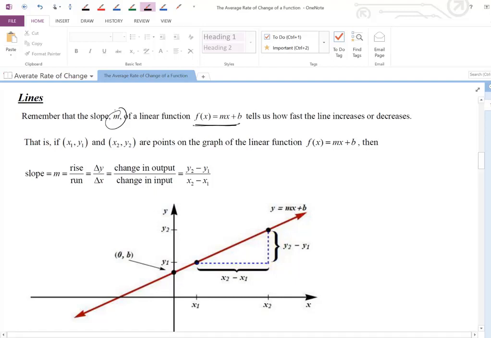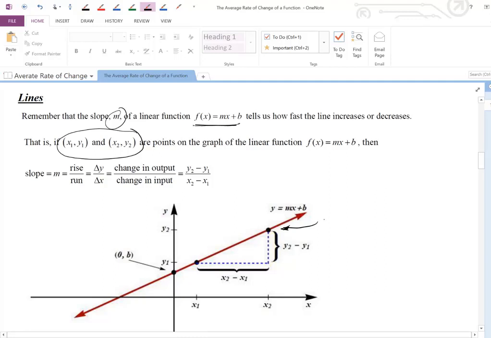So, for instance, say you have 2 points on the graph of a line, then we can talk about the slope. Let those 2 points be arbitrary: x1, y1 is the first ordered pair, and x2, y2 is the second ordered pair. You can see them here in the diagram where my arrow is, top right.